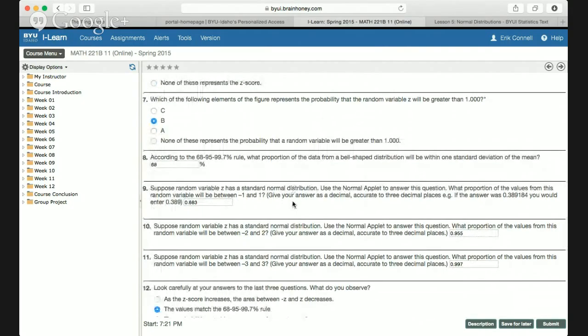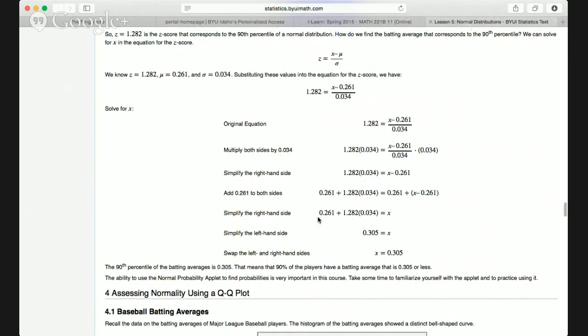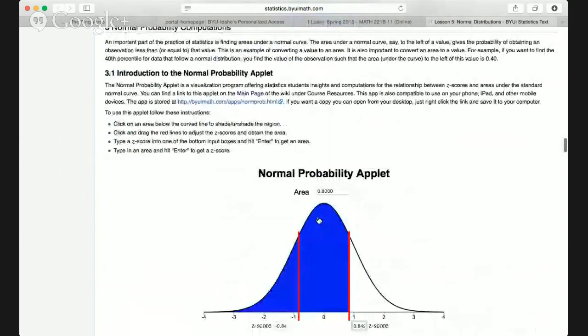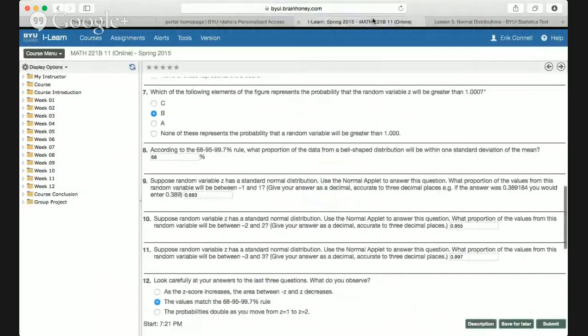Suppose random variable z has a standard normal distribution. Use the normal applet to answer this question. What proportion of the values from this random variable will be between -1 and 1? Give your answer as a decimal. We're at 9, right?